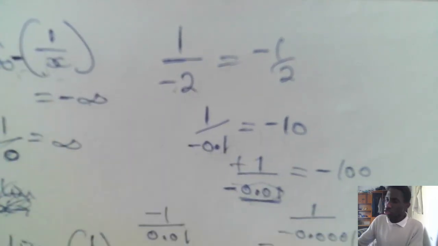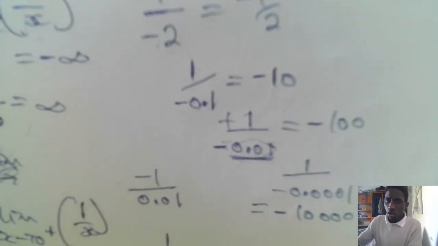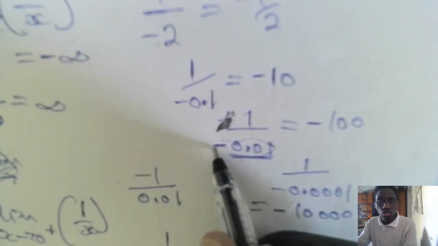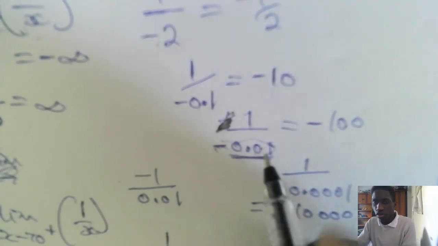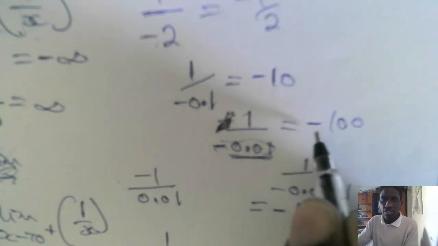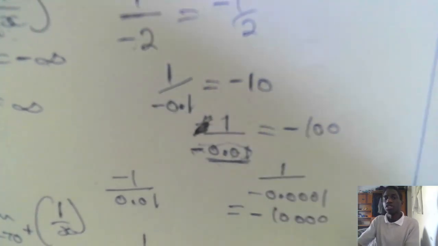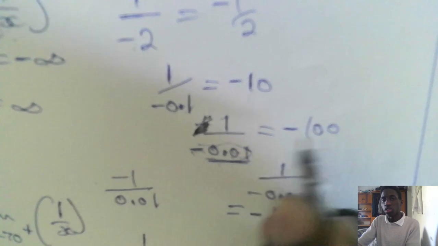Let's try a number even closer to 0, minus 0.01. We get minus 100. 1 over minus 0.01 is minus 100.